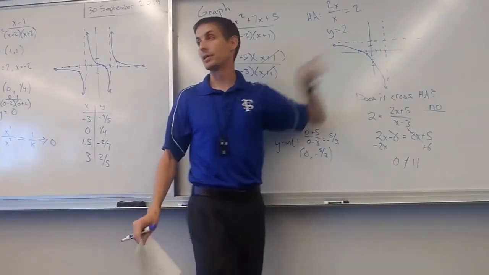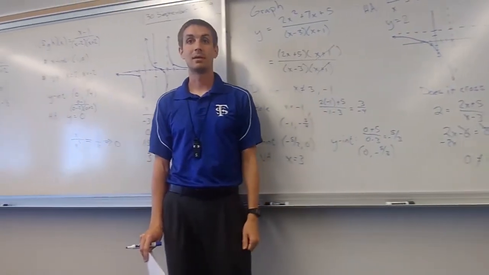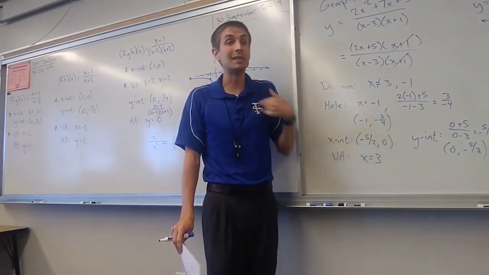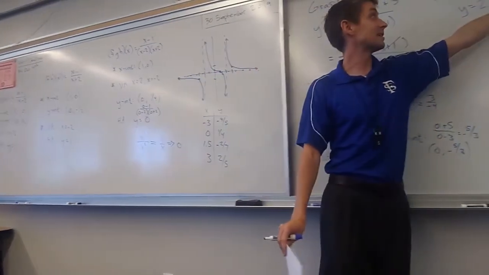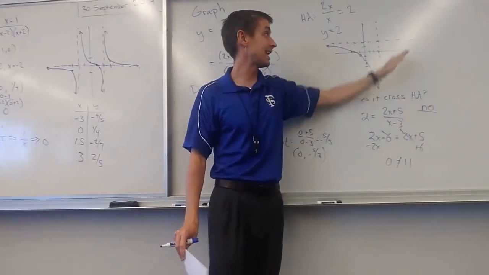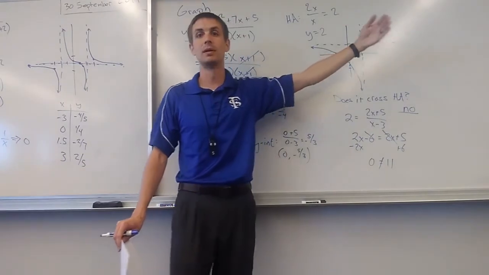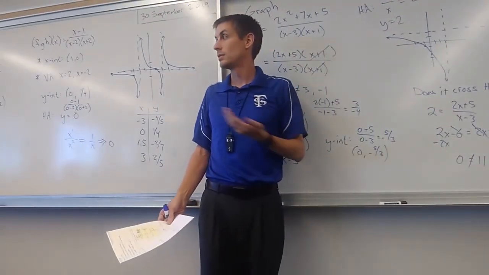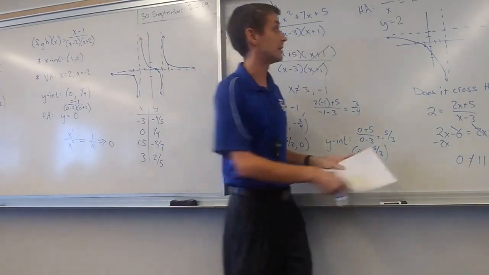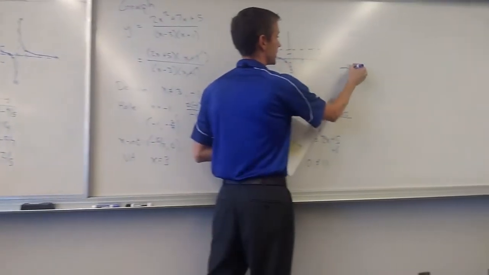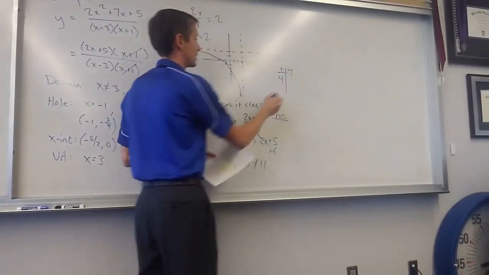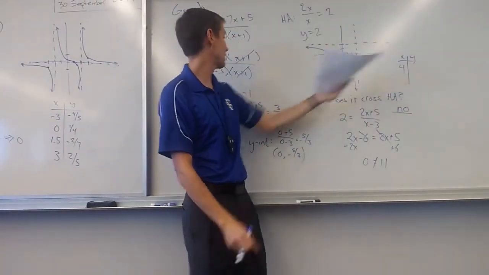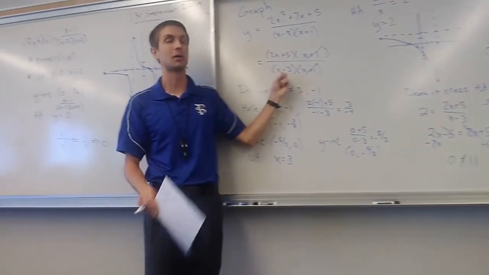How can we check that? Plug in something on that right side. So here I'm going to say, well, let's plug in a 4. Because 4 is on the right side of that vertical asymptote. Well, what do I get if I plug a 4 into my function here? So 13 over 1, so just 13. So right 4 up 13.